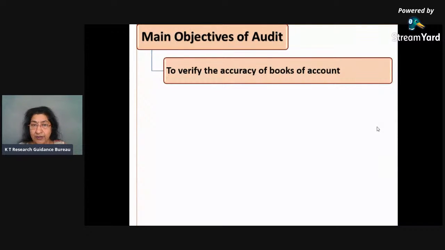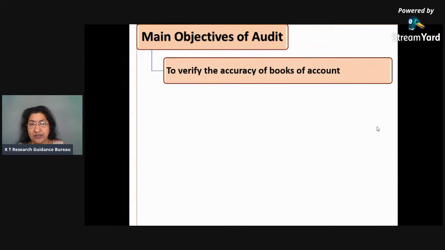So they have to check and verify that the books of accounts are right or wrong because number of shareholders are more and everybody can't interfere in this activity.